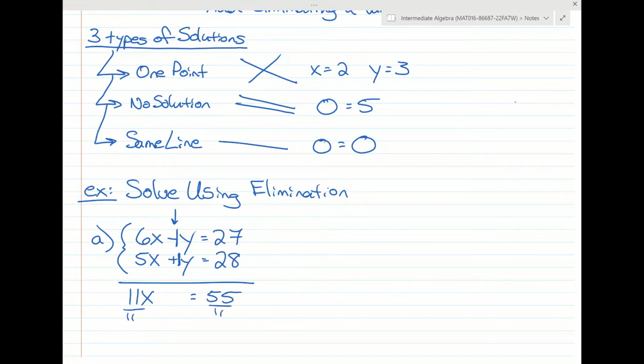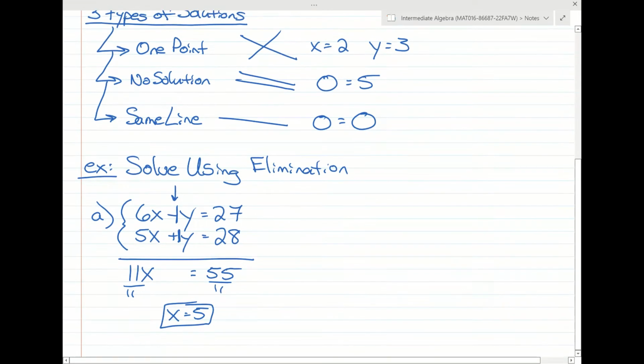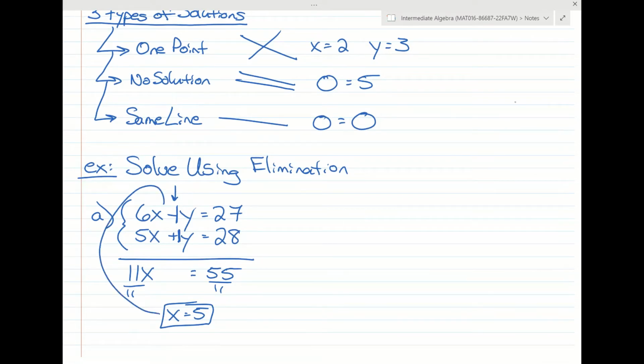Dividing by 11 gives us x is equal to 5. Pretty simple. And then we always have to find y too. So if we plug that in for x, we get 6x minus y is equal to 27.